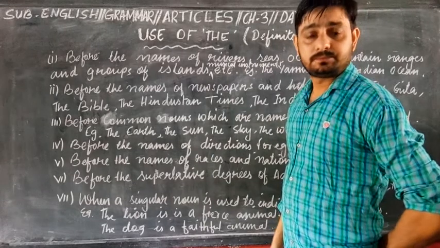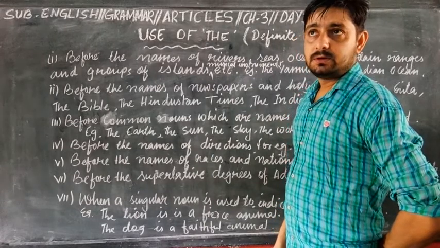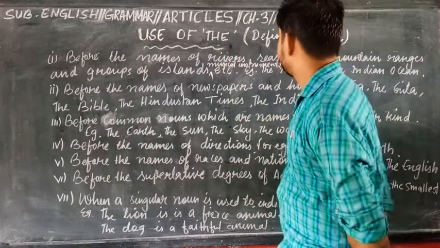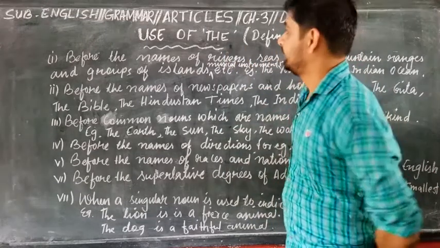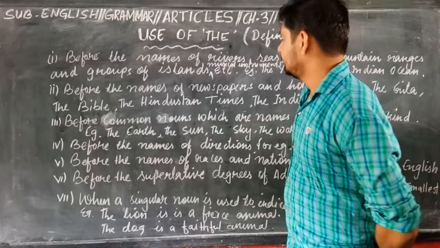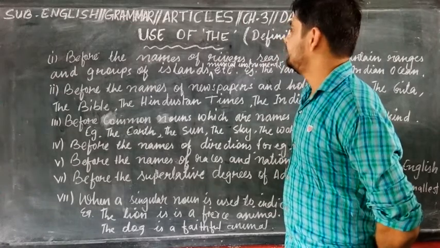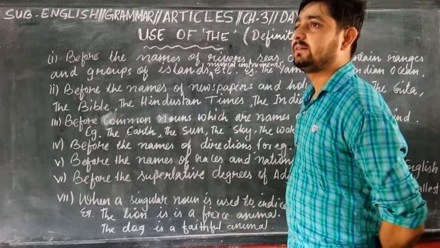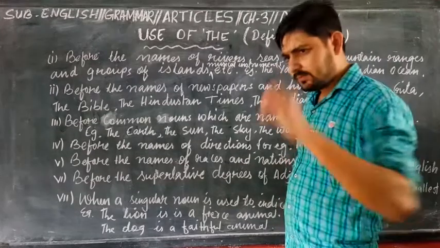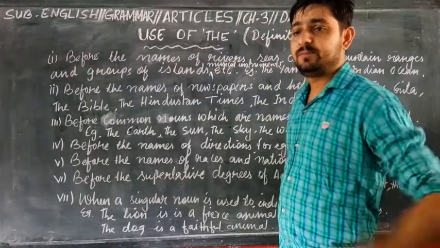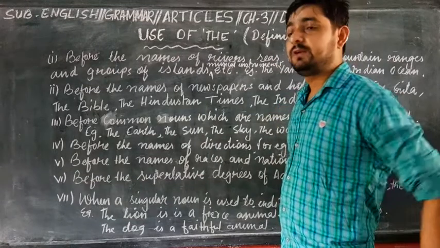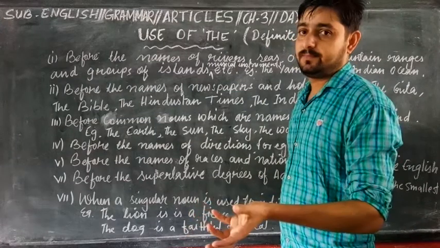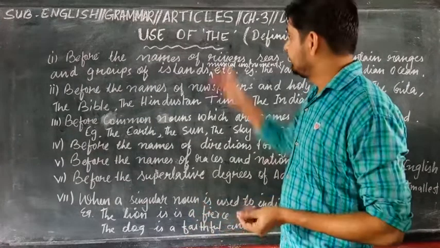We know that this "the" is a definite article, and this "the" is used whenever we talk about a specific purpose or a specific person, when we are repeating again in the sentence, then we can use this "the".